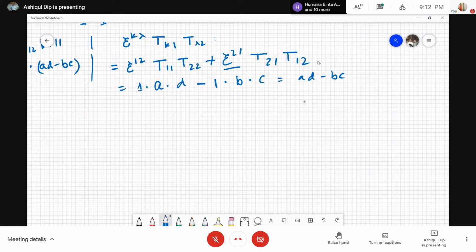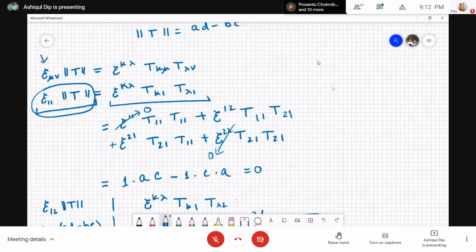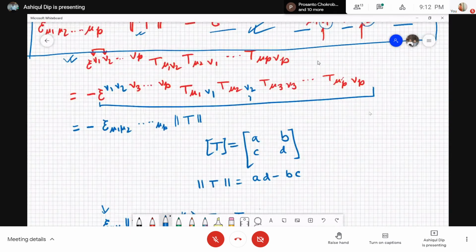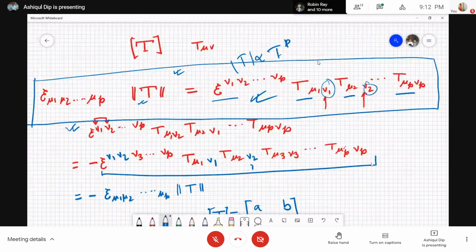We know how to take the determinant for 3 by 3, 4 by 4 matrices, right? So that relation can actually be generalized in terms of this E. That's what I have written. Equivalently, you could say this is the definition of determinant. This is how we define determinant. You could say that as well.